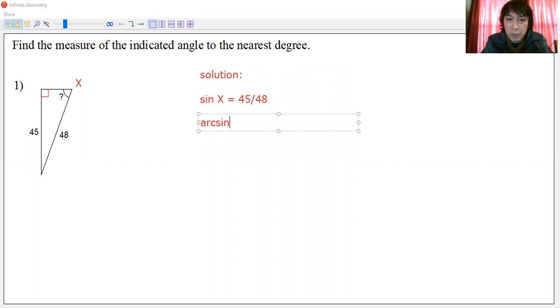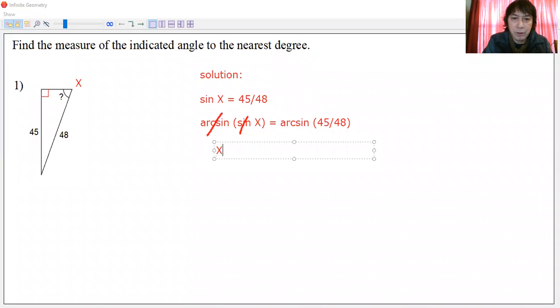This will be arc sine of the sine is equal to arc sine of the 45 over 48. And notice the sine and the arc sine cancel each other, and so the next line we will only have x.